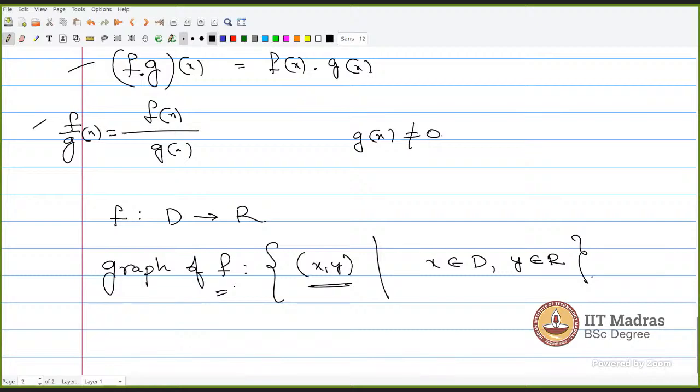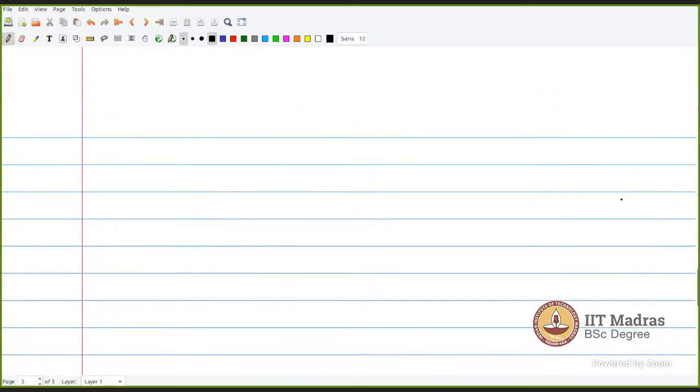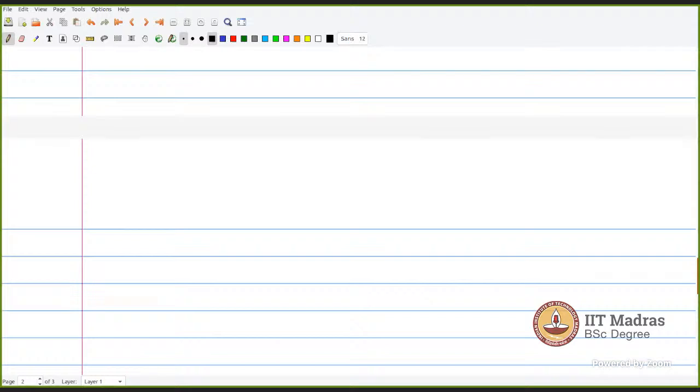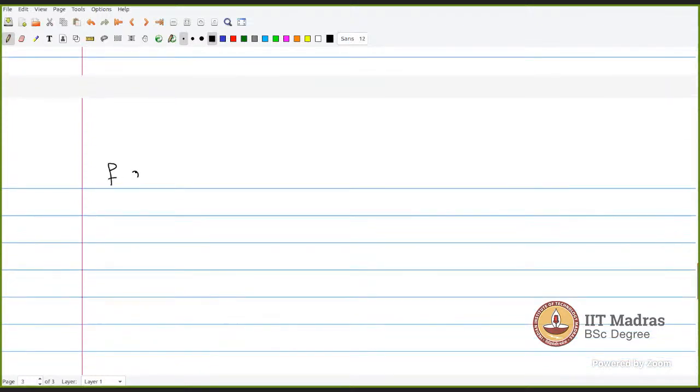If I take a simple example, when f of x is equal to 2x, and I want to plot this function on the xy plane, I will take the set of all points that satisfy this function.